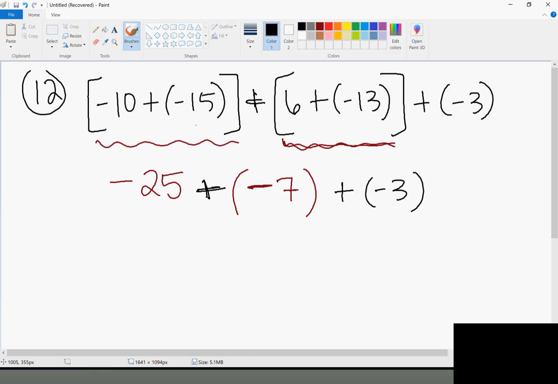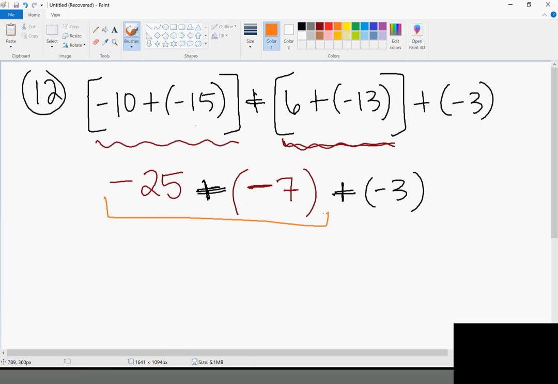Okay, so now let's see what we're going to do. Really we have addition all the way. We have negative 25 plus negative 7 plus negative 3. Since they're all negative, we could do it all in one swoop, but I'm going to do it step by step.